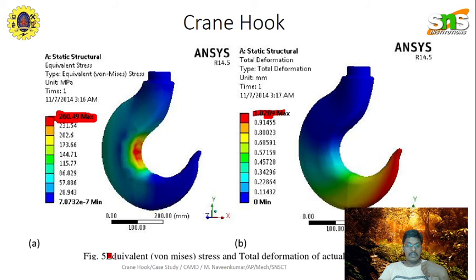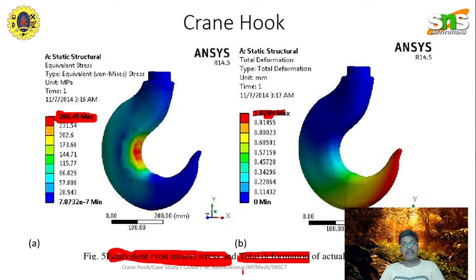Here you can see the von Mises stresses. The von Mises stresses are used to find how long this crane hook will work and how long we can use it in the application. This is the minimum value, and here it is zero. It doesn't matter, but you have to check while analyzing.